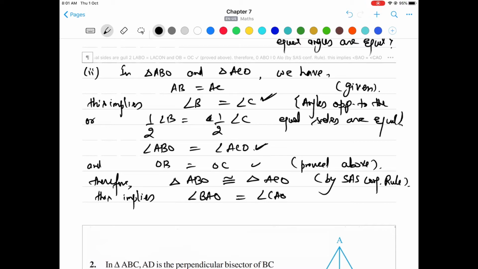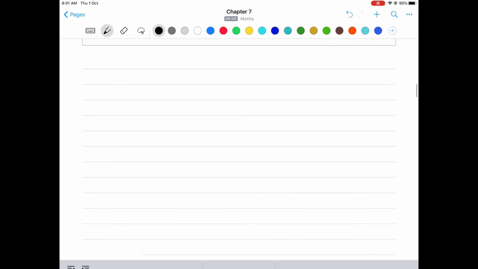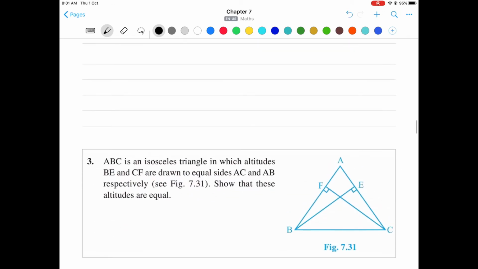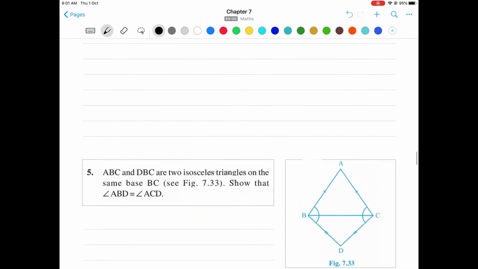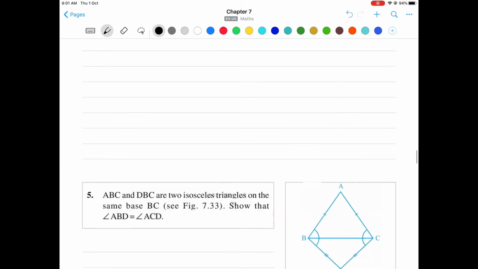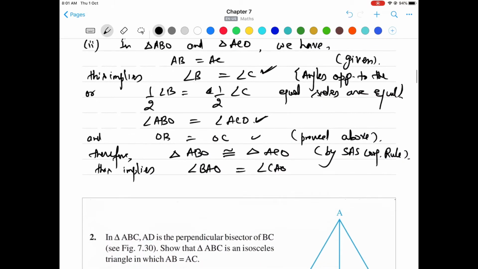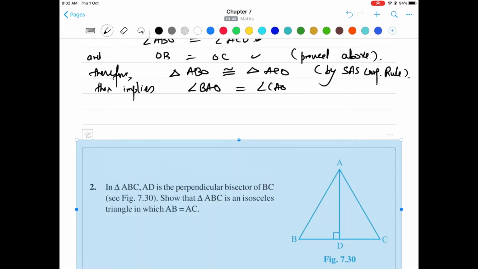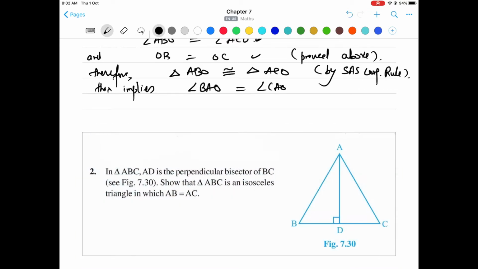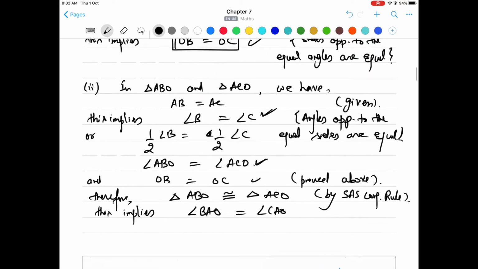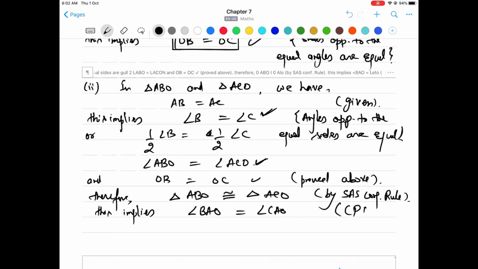Okay, and this is by CPCT, corresponding parts of congruent triangles.